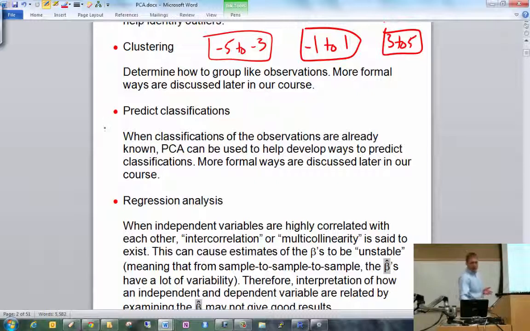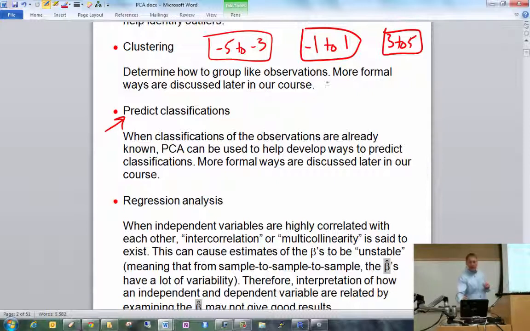Also, you might want to use principal component analysis to help predict classifications. What that means is, for example, with the place kicking data set that we looked at earlier, every place kick is either a success or a failure. Well, what you could do is find principal components based upon that data, and maybe 2 or 3 principal components would be all that you need to fully understand your data set.